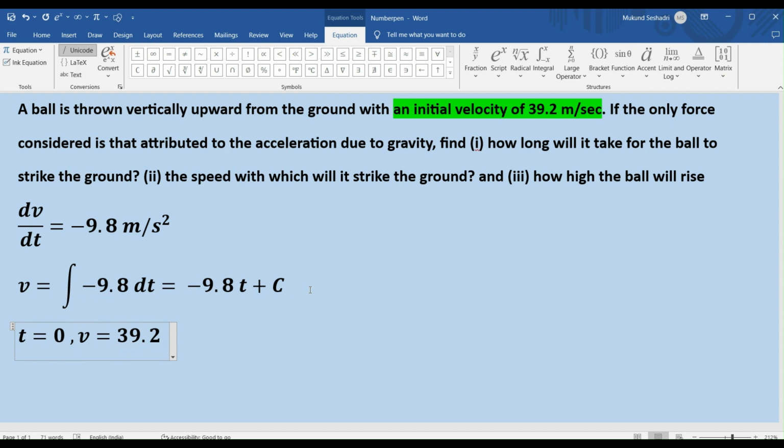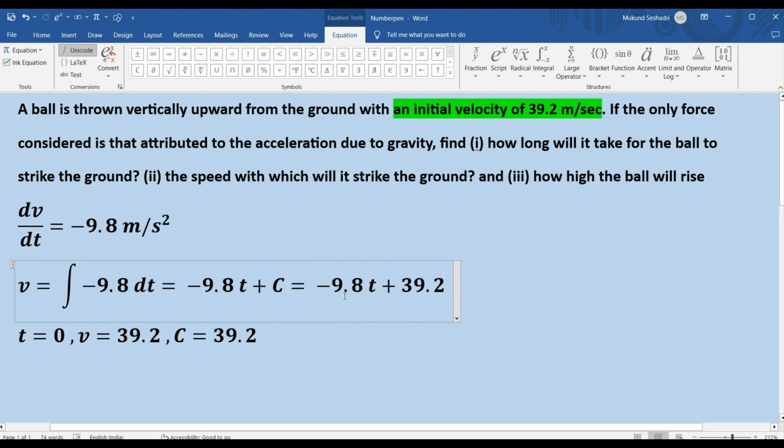And with this, I know that I can solve for my c. I know that my c will be 39.2. Why is that? Because I put back t equals 0 in this particular equation, and when t equals 0, my v equals 39.2, which means my c also equals 39.2. So the equation for the velocity at any point of time when the ball is moving in the upward direction is minus 9.8 times t plus c, which is plus 39.2, right? So this is the equation for my velocity.